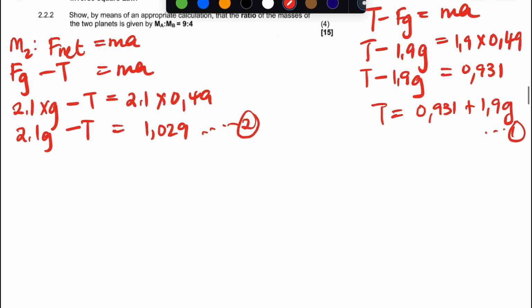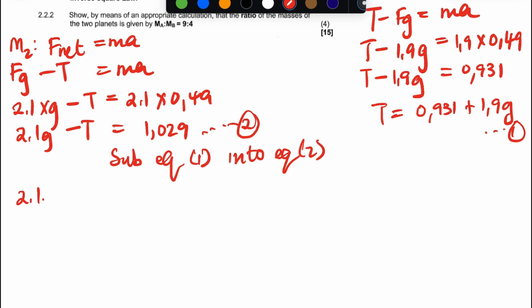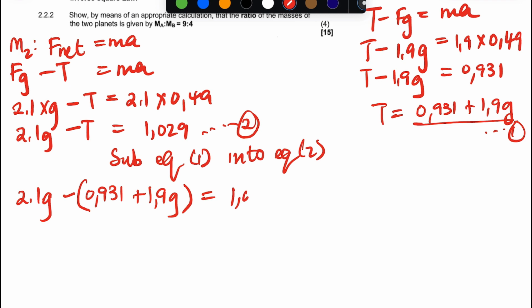So now what are we going to do? We're going to sub equation 1 into equation 2. So we'll say 2.1 G minus, we insert 0.931 plus 1.9 G equal to 1.029.